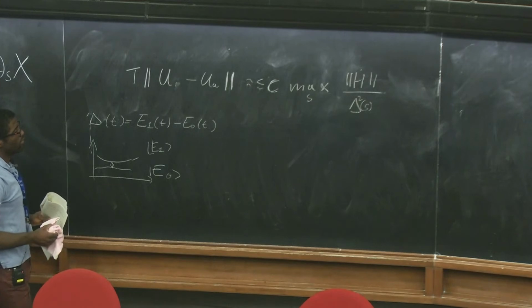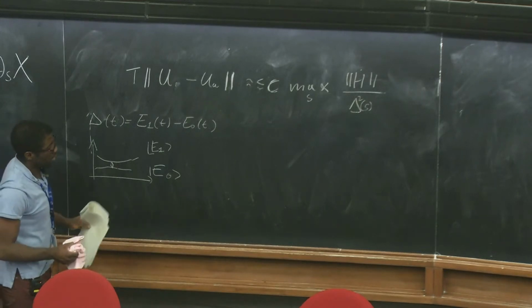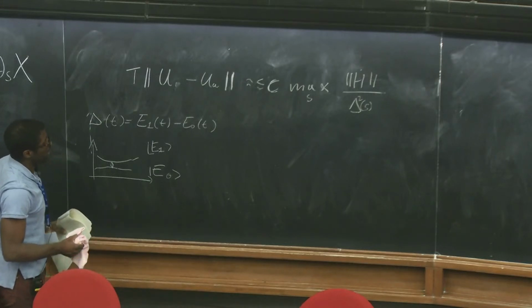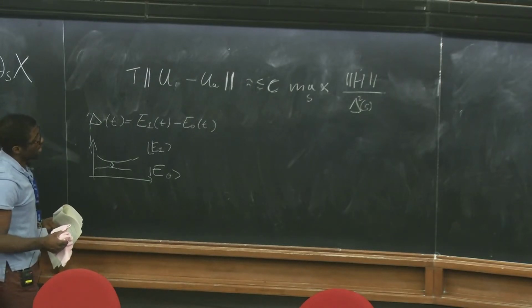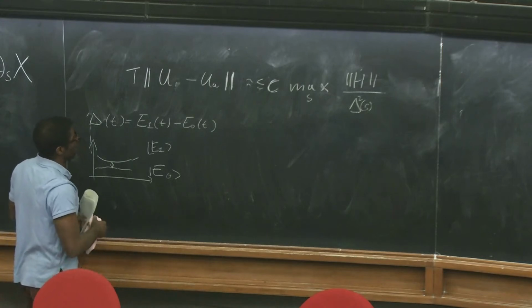So this is what the theorem states: the error that we define tells us how close the evolved state is to the state implemented by the exact adiabatic Hamiltonian.